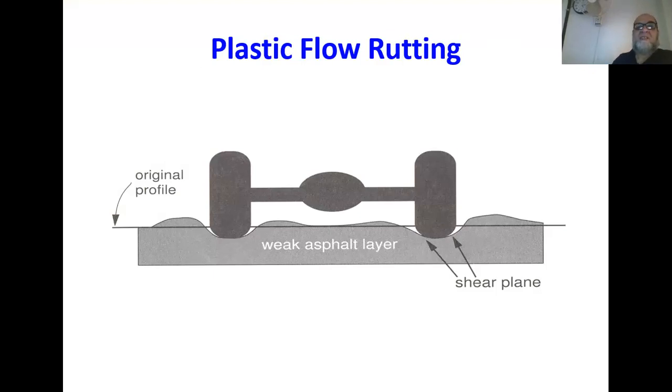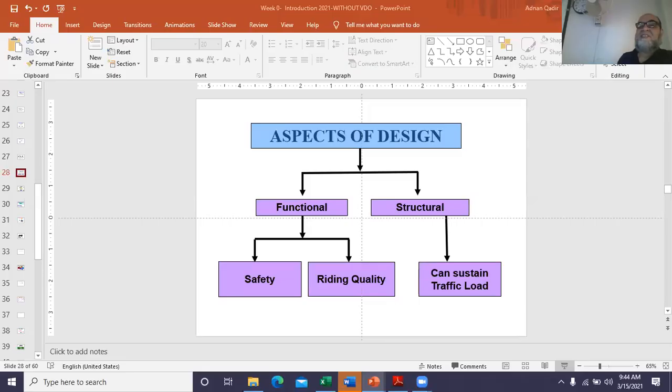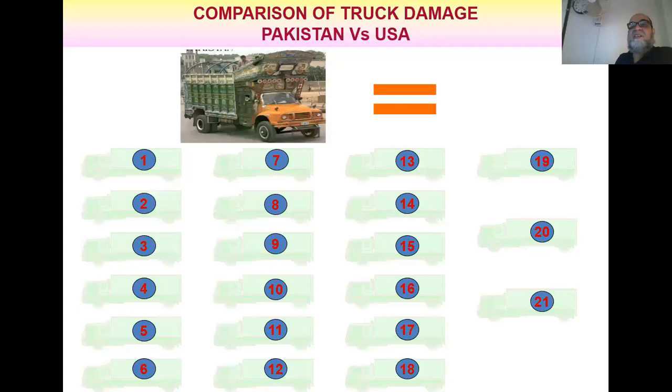Sometimes 18, sometimes 21 trucks are equal to one Pakistani truck. So this is the loading damage of the truck. The damage caused in the US by 21 trucks is actually caused by one Pakistani truck. This is the state of affairs.